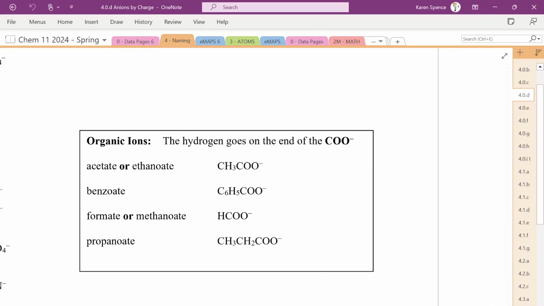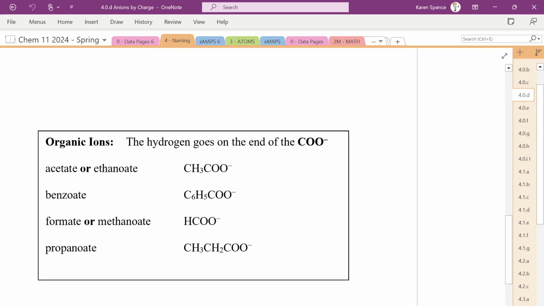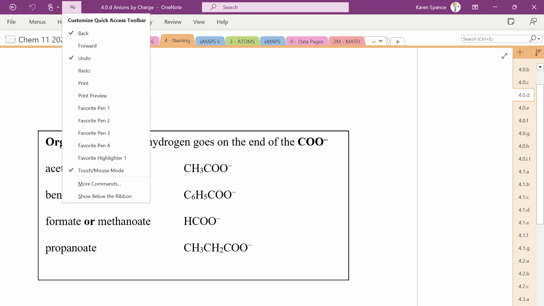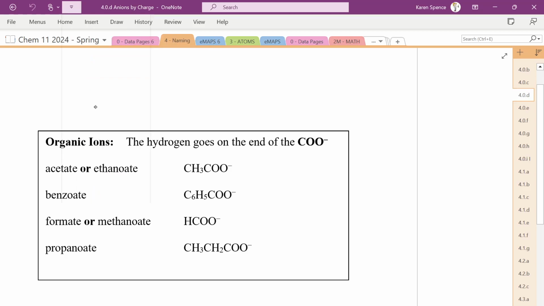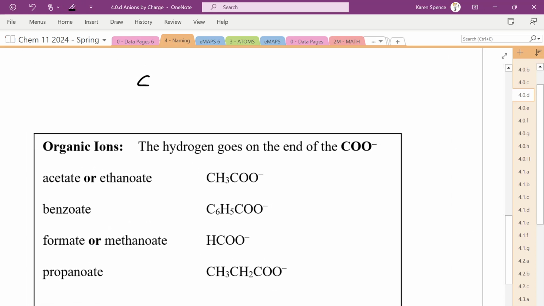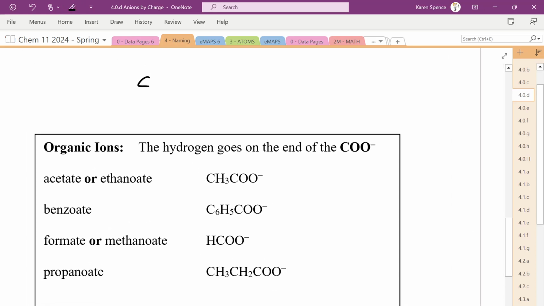Okay, so we have here carbon. I'm drawing an acetate right now, CH3COO minus. So it's a C with 3 H's.